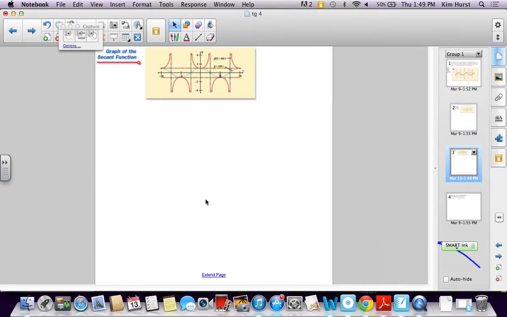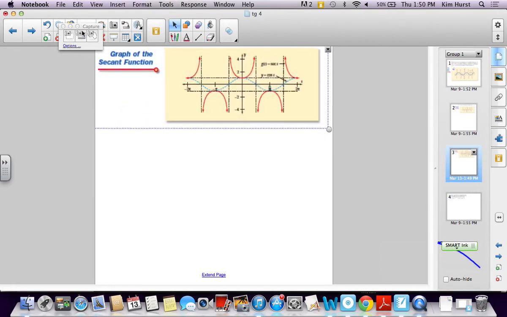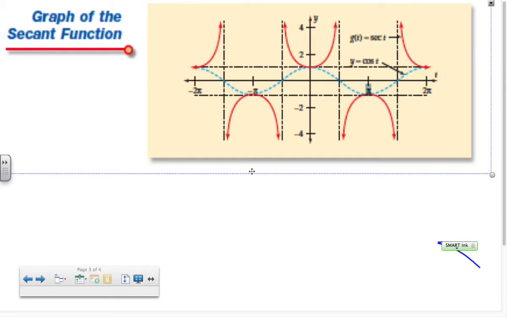All right, so here is the secant function, obviously the inverse of the cosine function. Again, it cannot be defined where the cosine function crosses 0. It will be an asymptote.